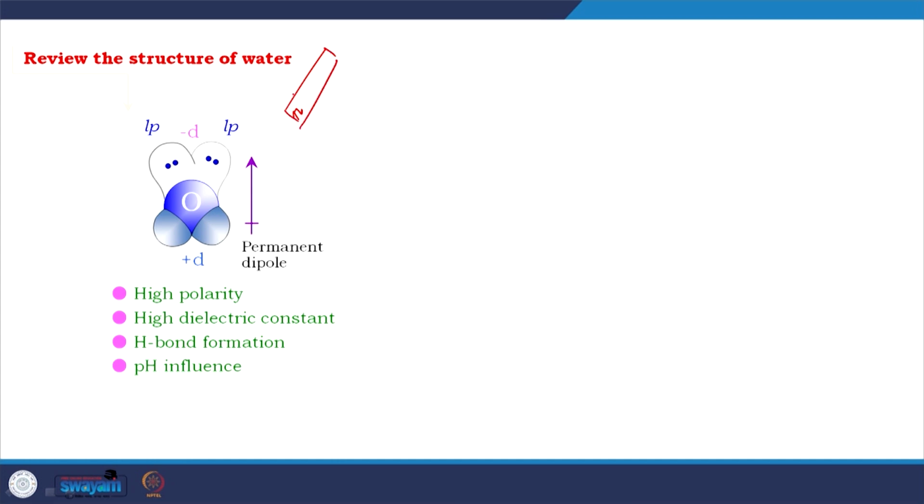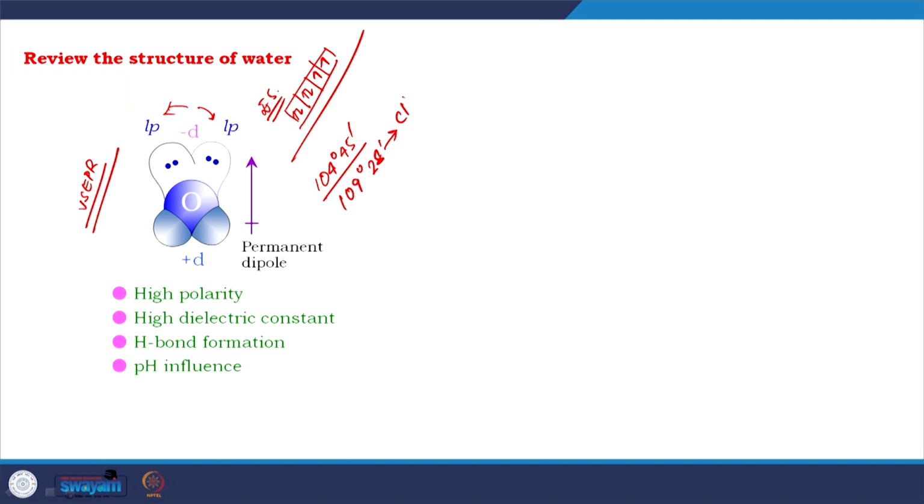So, in the excited state we have the electronic configuration like this, and because of this lone pair repulsion, which is called VSEPR effect, valence shell electron pair repulsion theory, the angle between the two hydrogens forming covalent bonds with oxygen becomes 104 degree 45 minutes instead of 109 degree 28 minutes, which is in methane, the classic tetrahedral structure.